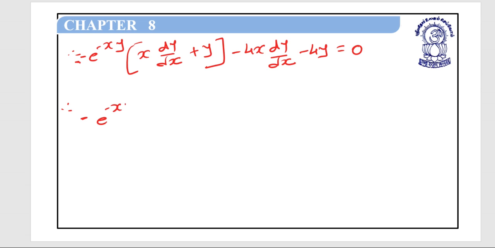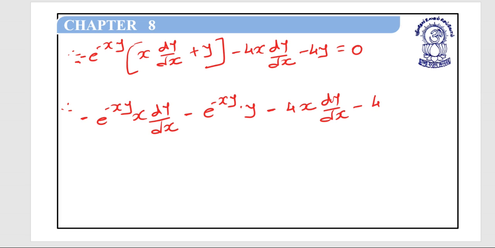Minus e raised to minus xy into x dy by dx, minus e raised to minus xy into y, minus 4x dy by dx minus 4y is equal to 0.